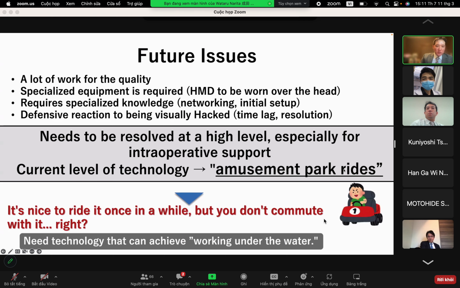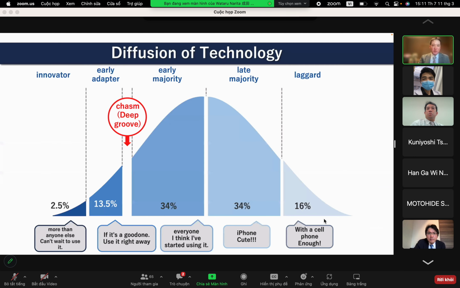We cannot use every day something like a go-kart at an amusement park. We need to improve the technology. We cannot use these head-mounted displays every day intraoperatively.